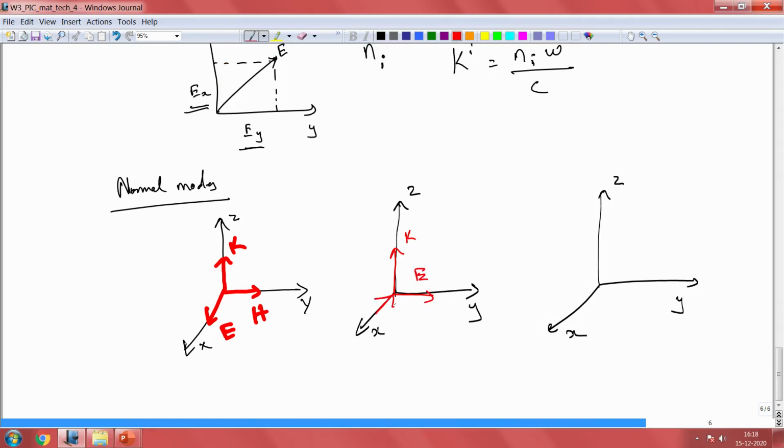So you have electric field in Y direction. Here we had it in X and here we have it in Y direction.